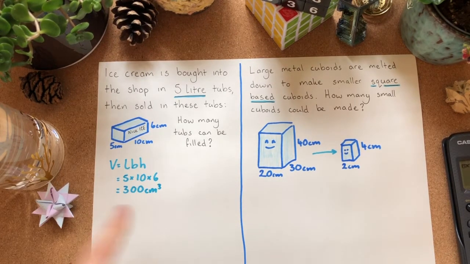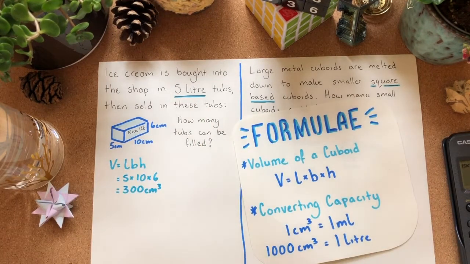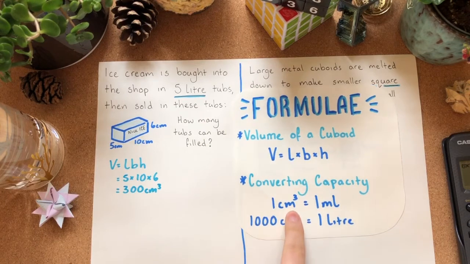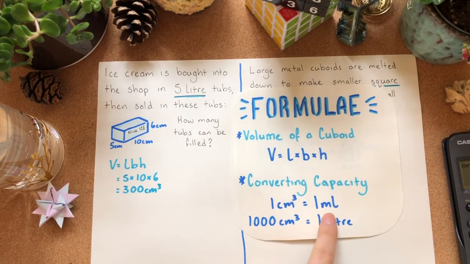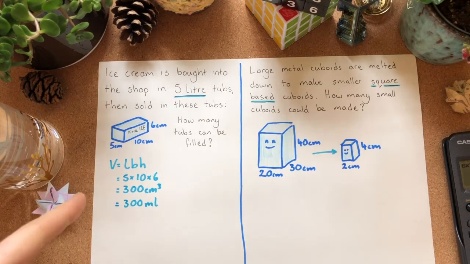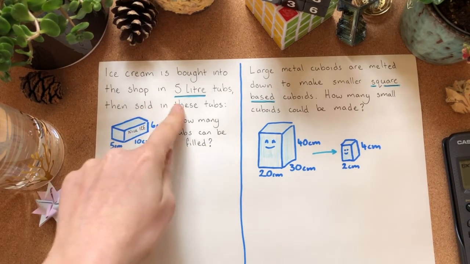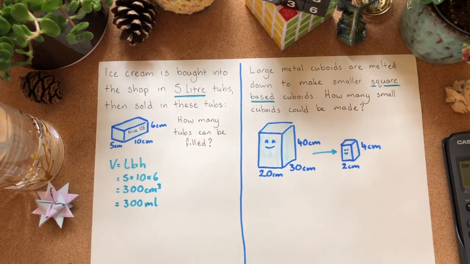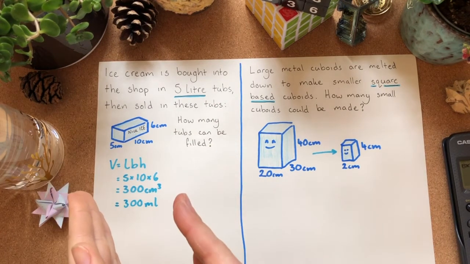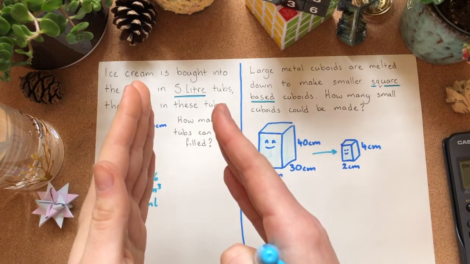Answer. So we have worked this out in centimetres cubed, but as you may remember, when we're dealing with capacity, 1 centimetre cubed is also the same as 1 milliliter. So this is a 300 milliliter tub. And we have 5 whole litres, which is 5,000 millilitres. How many 300 millilitres could I fit into 5,000 millilitres?